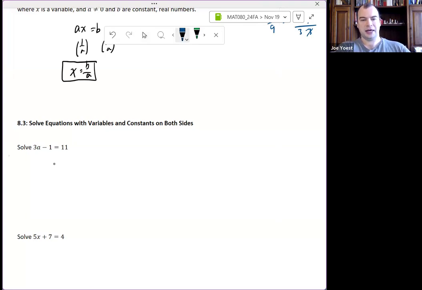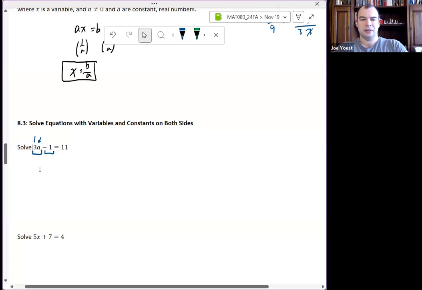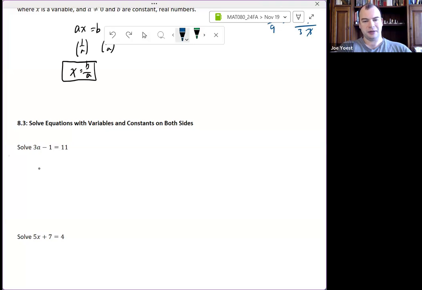Now, for something like this, I have 3a minus 1 equals 11. My variable term has a constant term added onto it, and my variable itself has a constant multiplied against it. I don't want to start by, say, dividing by 3 or multiplying by 1/3 on both sides, because in theory I can do this, but in practice it's really annoying.